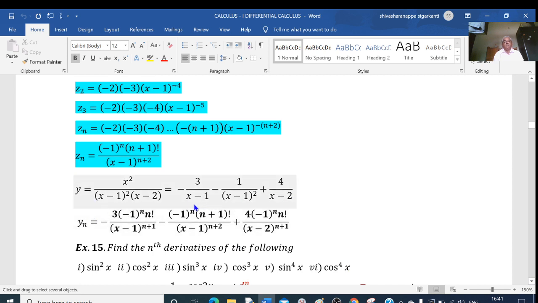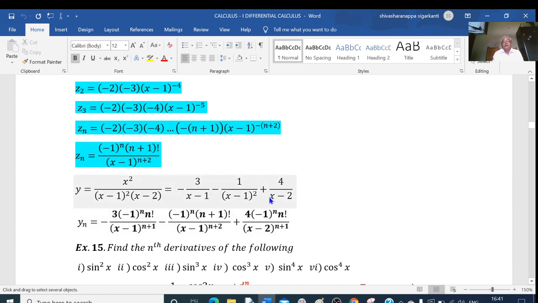Therefore yn equal to minus 3 as it is. 1 by x minus 1 nth derivative is minus 1 to the power of n factorial. Here a equal to 1. Therefore this is 1 into x minus 1 to the power of n plus 1 minus nth derivative of this we got here. Okay, this is minus 1 to the power of n plus 1 factorial divided by x minus 1 to the power of n plus 2, plus 4 as it is.